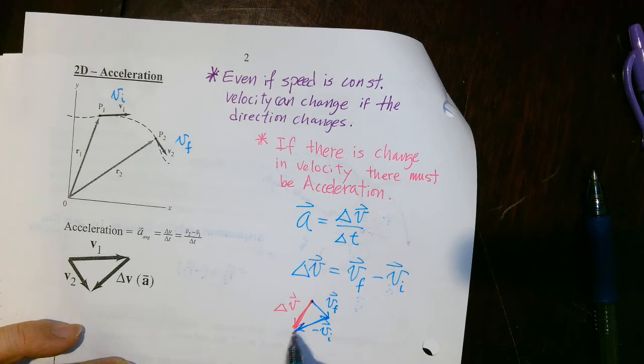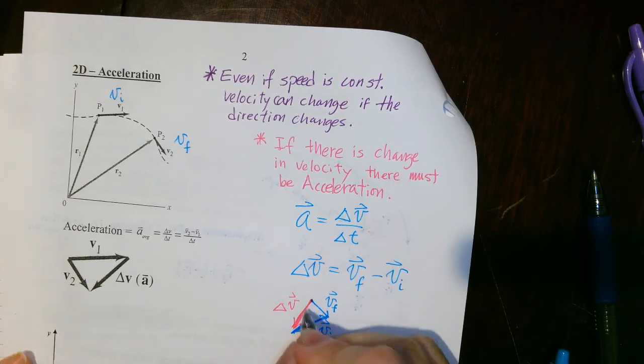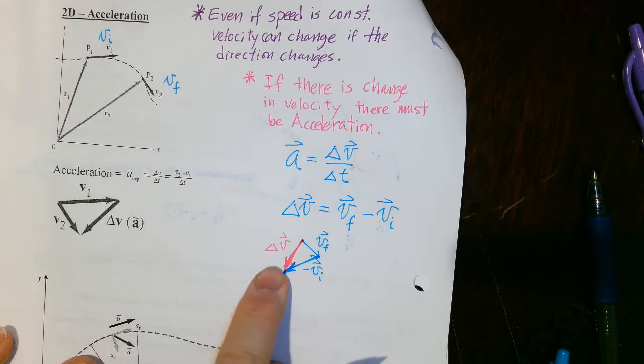This delta v has exact same direction as your acceleration.